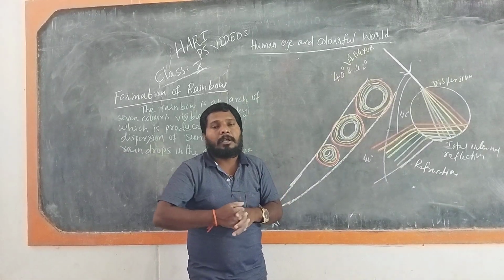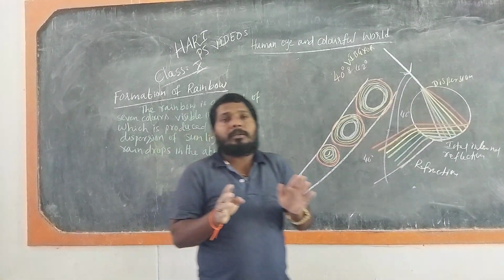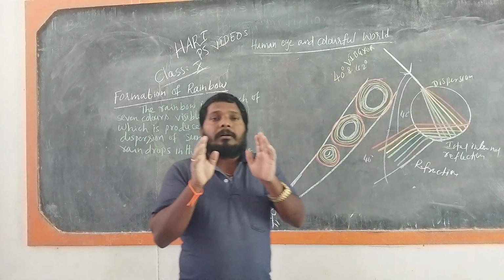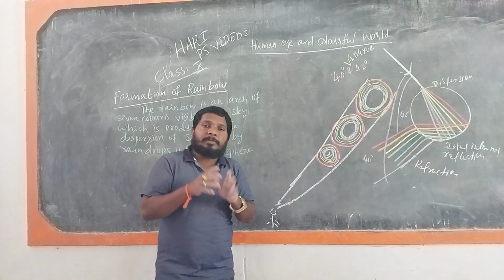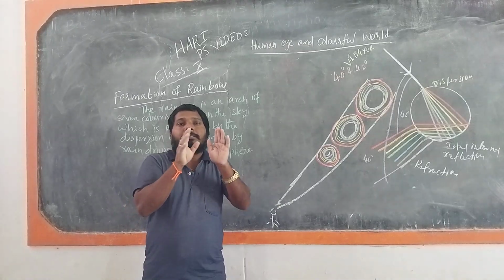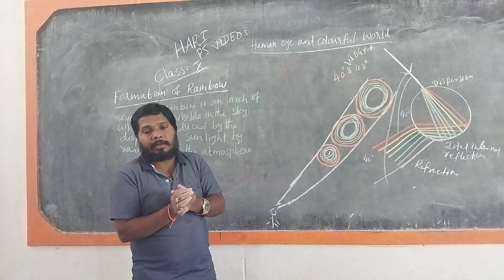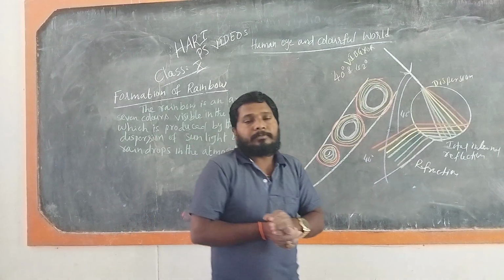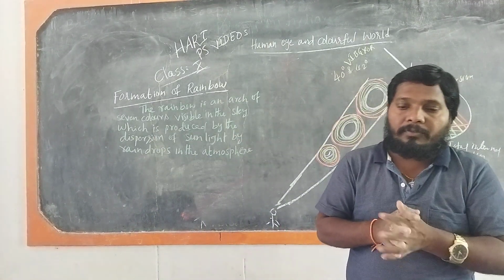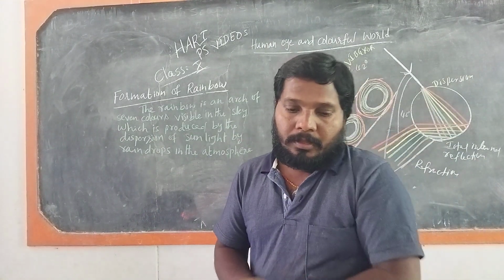So finally, the rainbow is the natural spectrum that happens because of the dispersion of white light by water drops in the atmosphere. This is about the formation of rainbow.